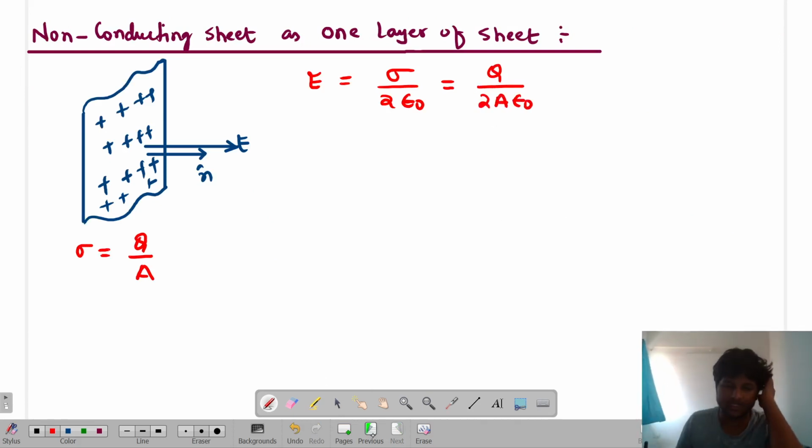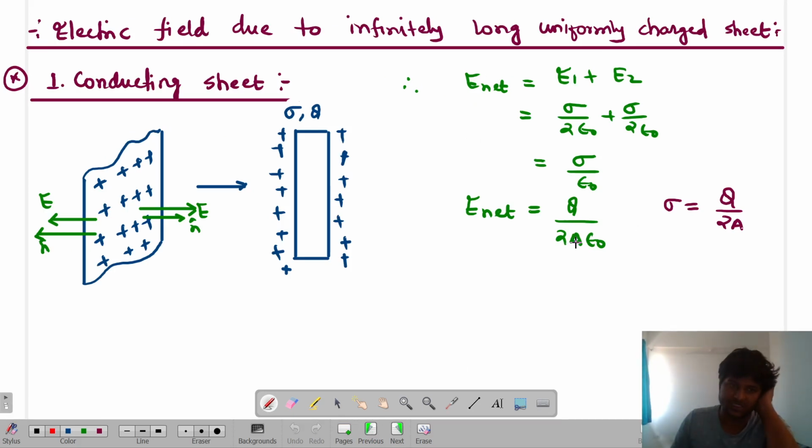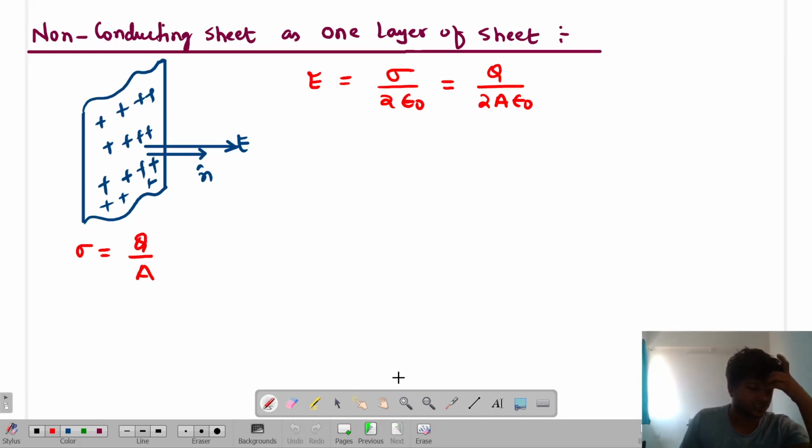Did you get one thing, that in terms of charge, the electric field due to the conducting sheet and due to the non-conducting sheet, both are the same? Are you able to get me?